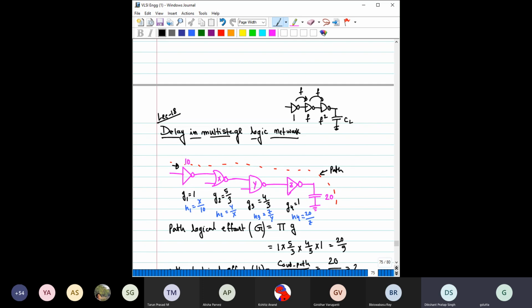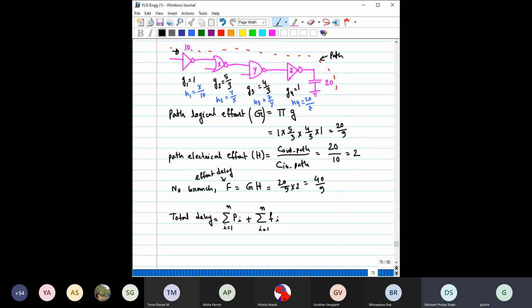Then only the minimum delay will occur. Basically, you take the partial derivative for each individual step and make it equal to 0. The same thing applies here. The delay would be minimum when each stage bears the same effort.